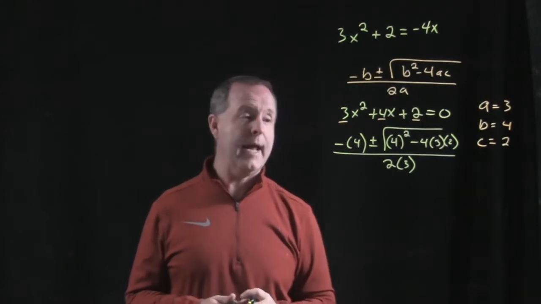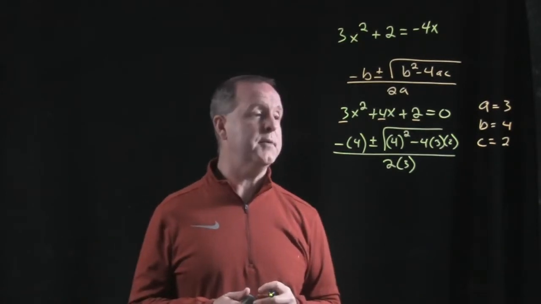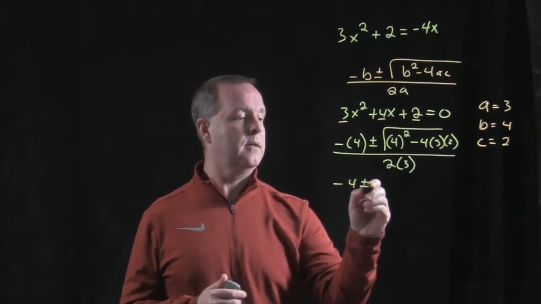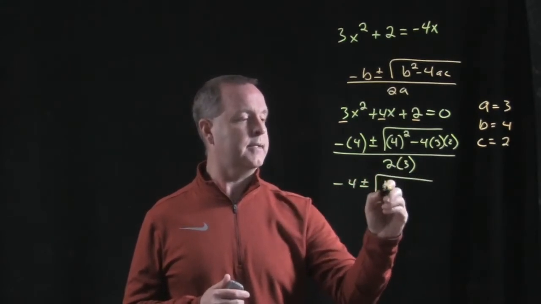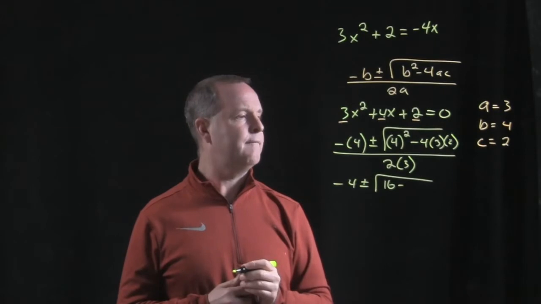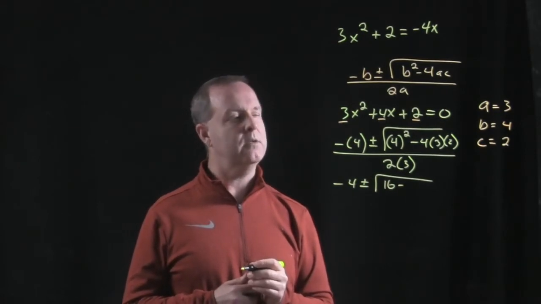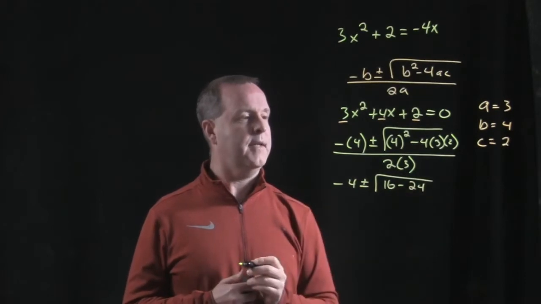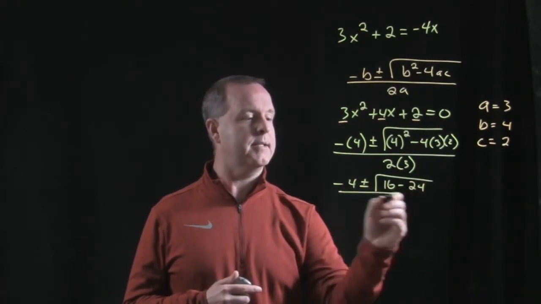So there's the plug and play, and let's start reducing that down and see where it takes us. Negative 4 plus or minus the square root of 16, take away 4 times 3 times 2, which is 24. I think that's correct. Divided by 6.